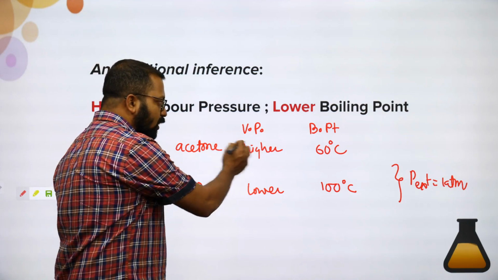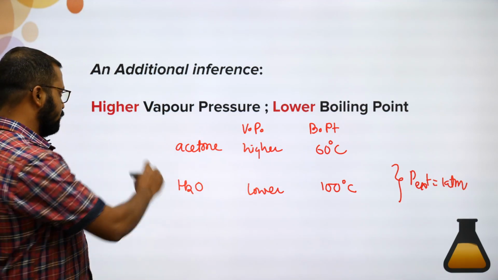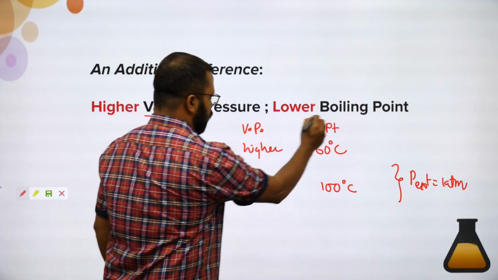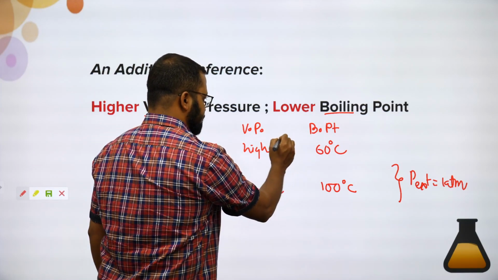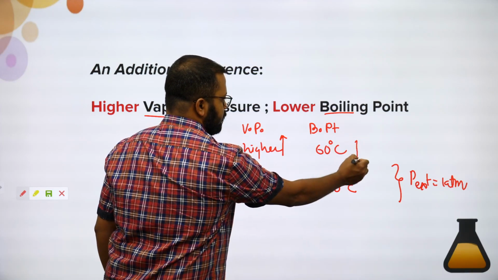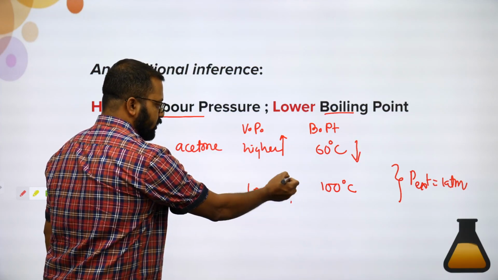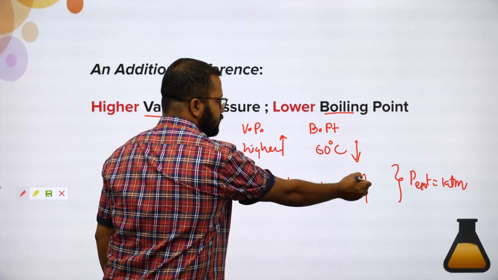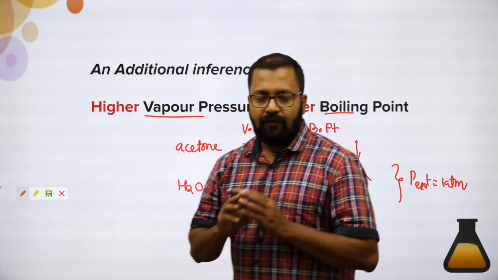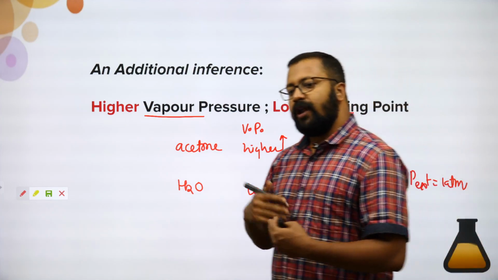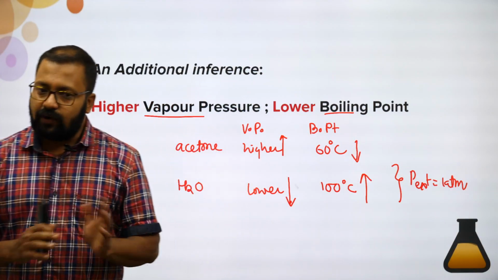Now, can we correlate vapor pressure and boiling point? What we can see is that if vapor pressure is higher, boiling point is lower, and if vapor pressure is lower, boiling point is higher, and vice versa.